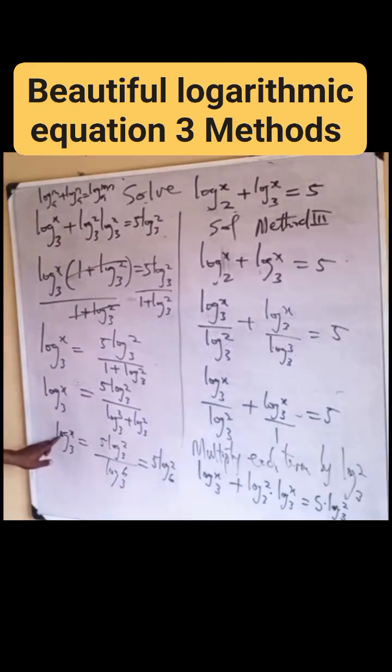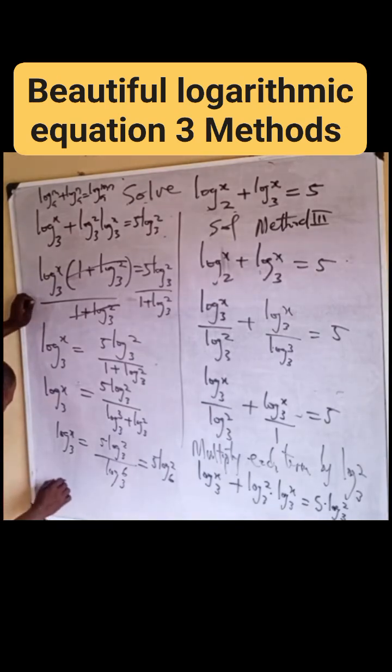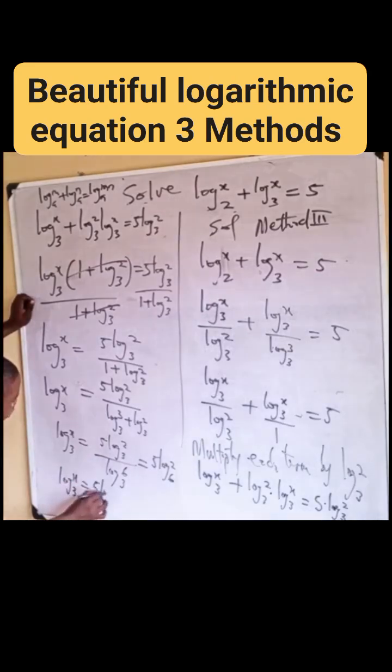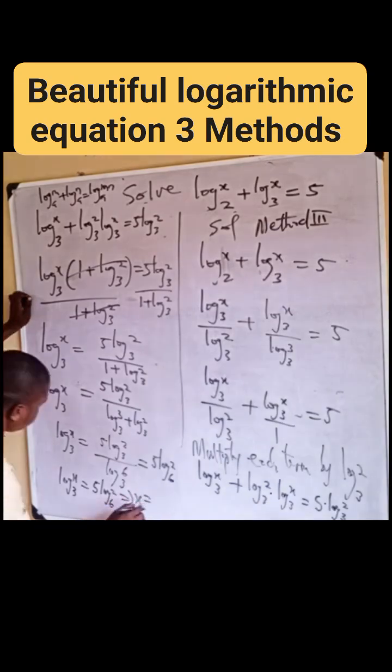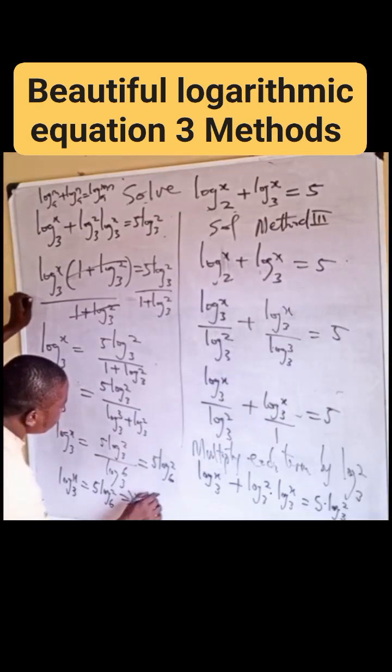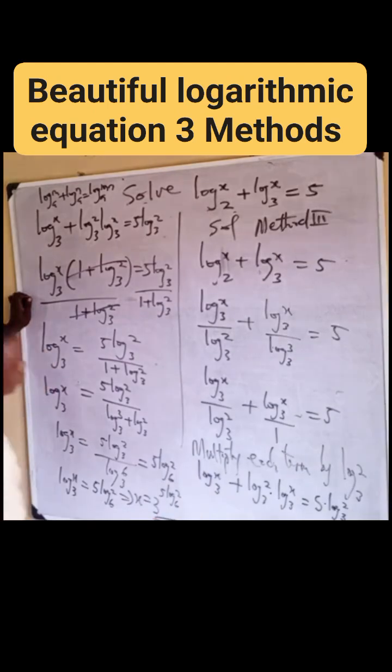So if that is the case, that means our log x base 3 is equal to 5 log 2 base 6, which implies x is equal to 3 raised to the power of 5 log 2 base 6. And that is our final answer for method 3.